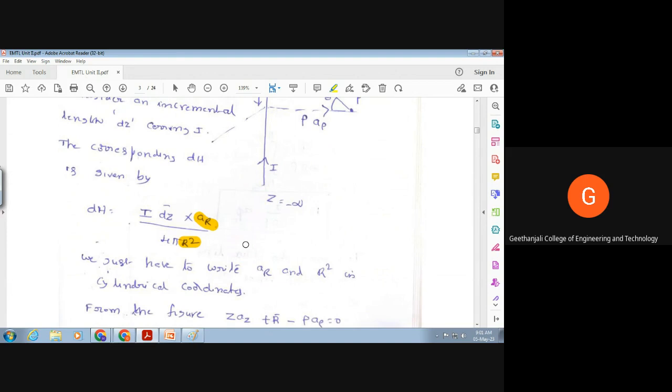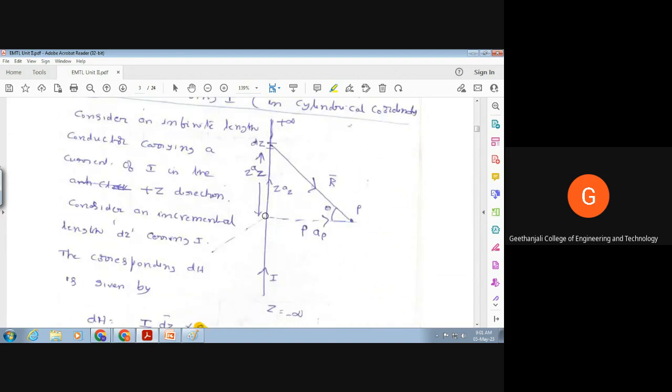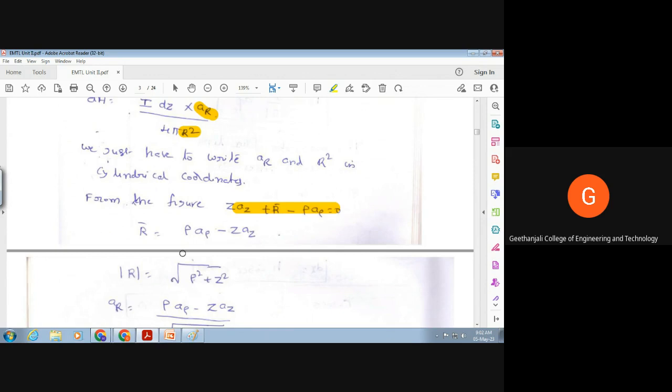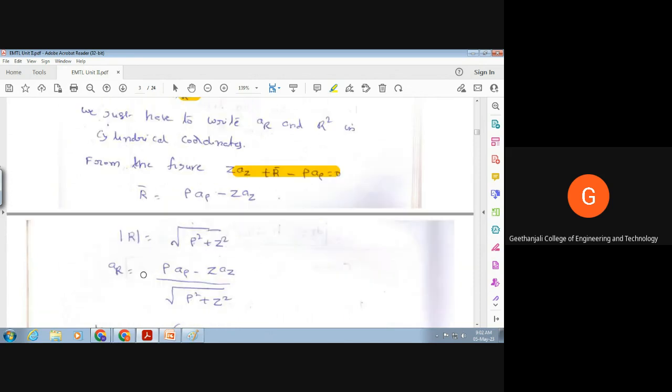For that, we have this expression: z a z plus vector R minus rho a rho is equal to 0. So what is vector R? Rho a rho minus z a z. What is the magnitude of R? Root of rho square plus z square. The unit vector a R is given by vector R divided by its magnitude.